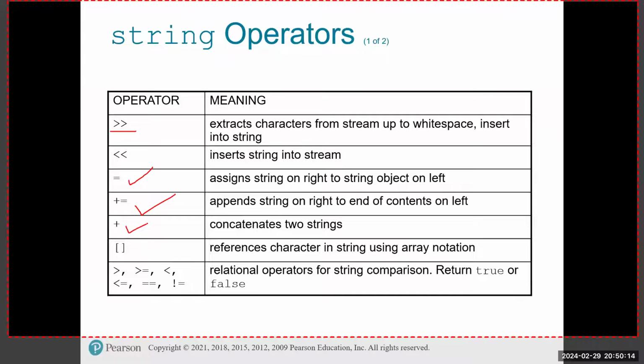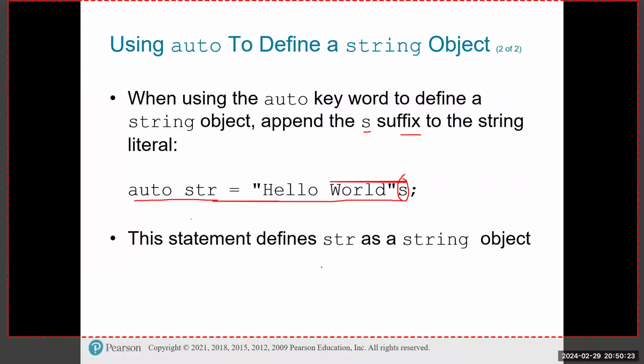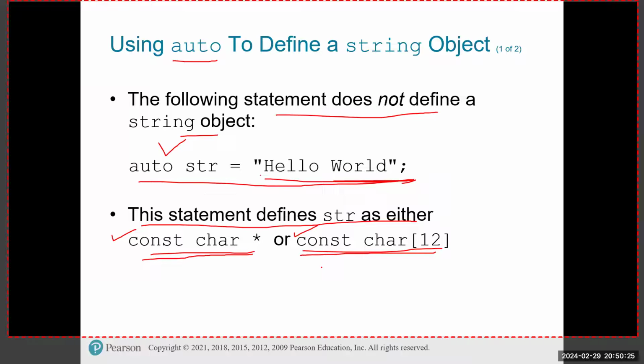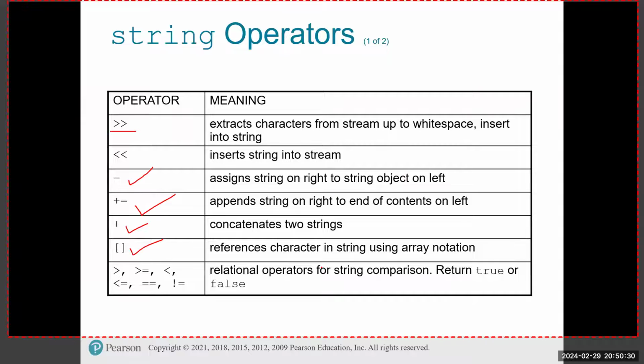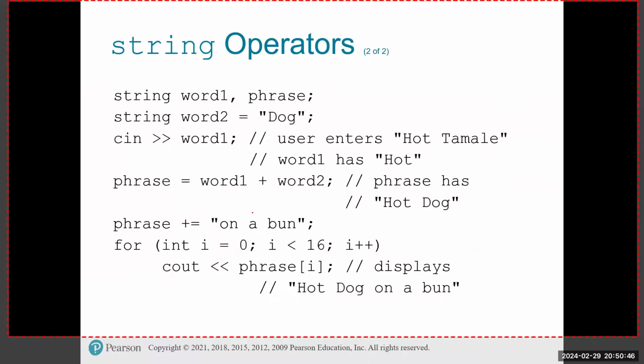And if you put an array symbol, it references a character in a string using array notation. So remember always that a character array and a string are basically the same. But if you want to use the data types, they have different data types, but physically they look the same. These are your relational operators for the string.